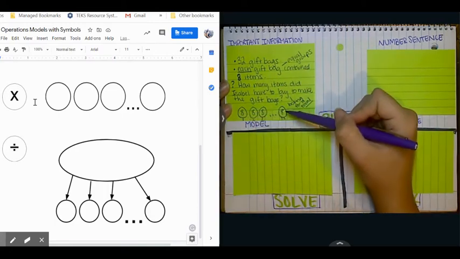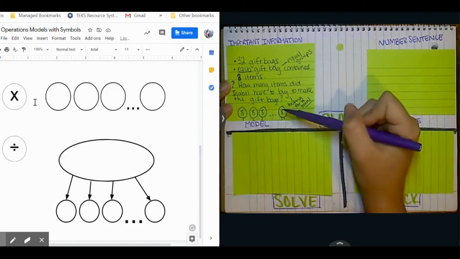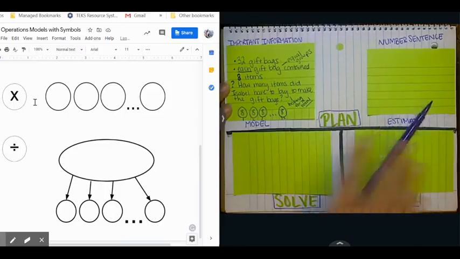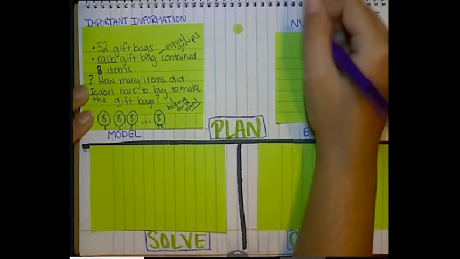Now, with the 8 and with my 32, I can finally start working on my number sentence. I found my important information, I made my model. I'm going to go over and finish working on my plan section.